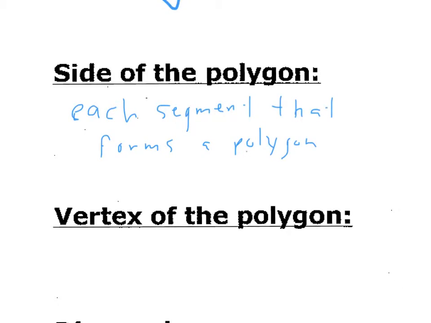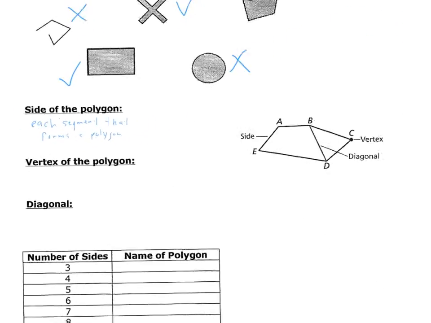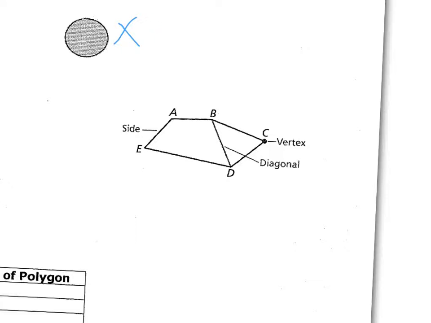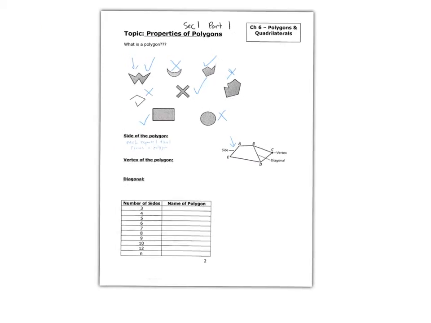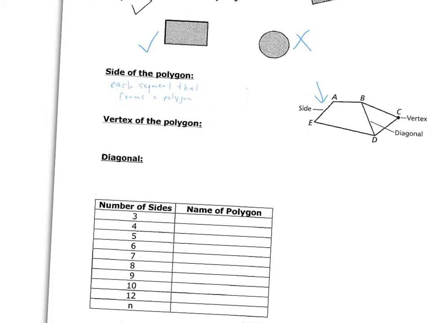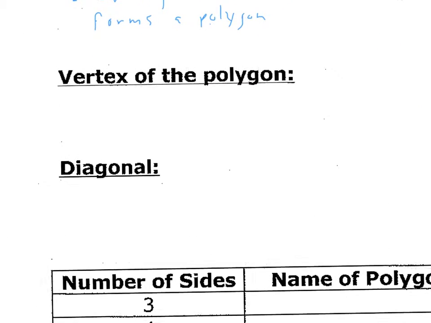Okay, so side of polygon, each segment that forms a polygon, and you'll notice over here on your polygon, the side is just any side of it, any segment that forms the polygon. Easy as that.